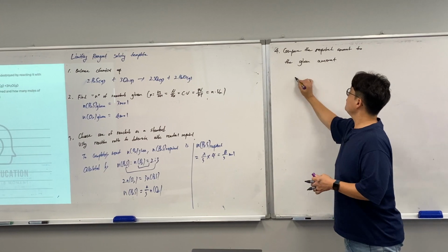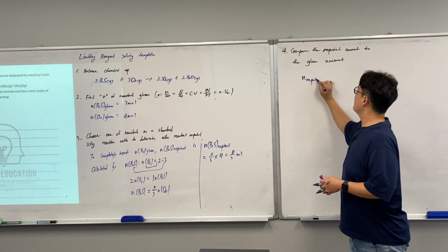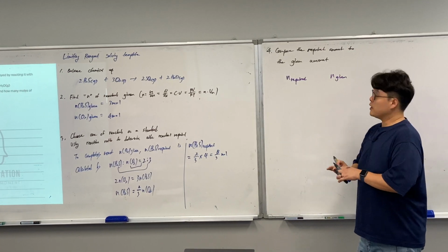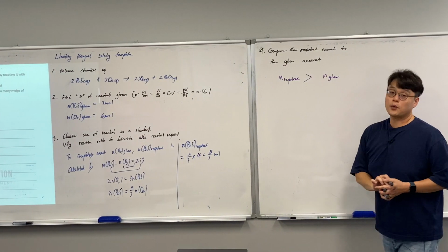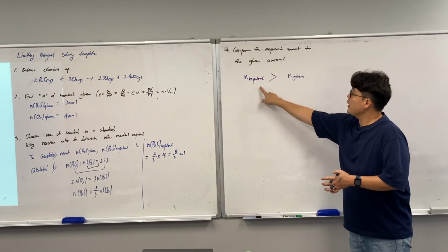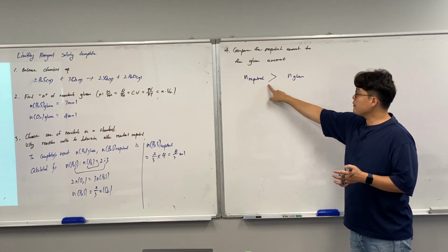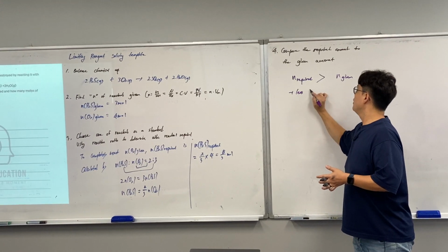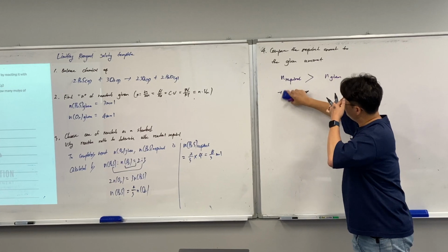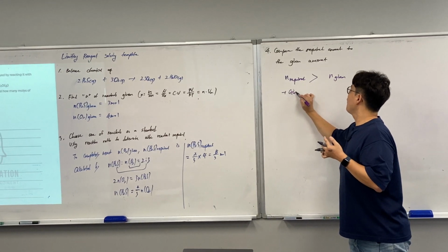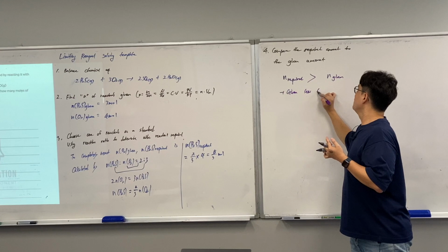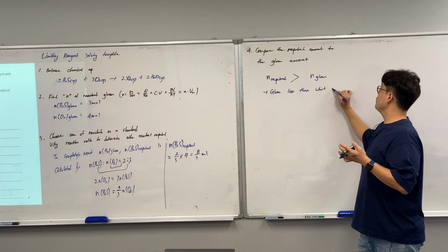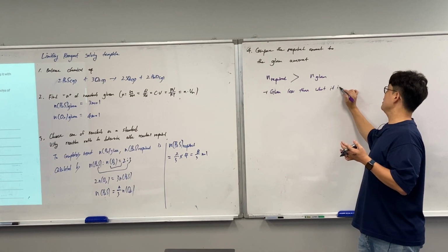If you have N of the required and N of the given, and the N given is less than what is required, you can interpret that you're given less than what you need.